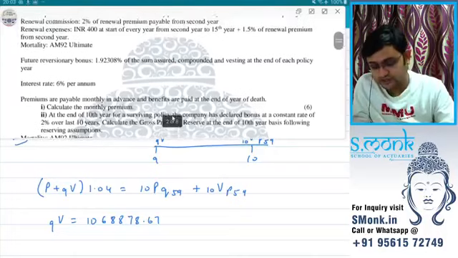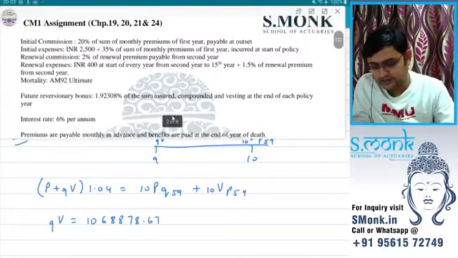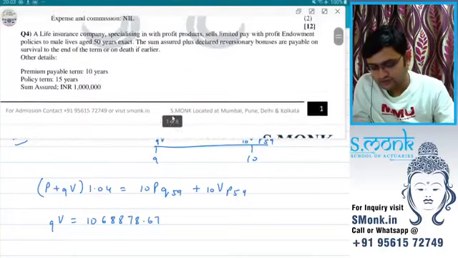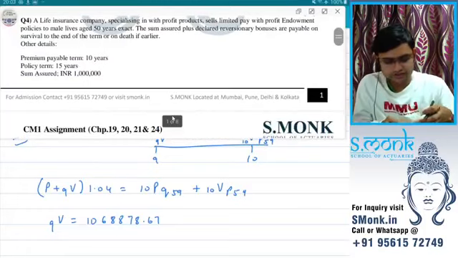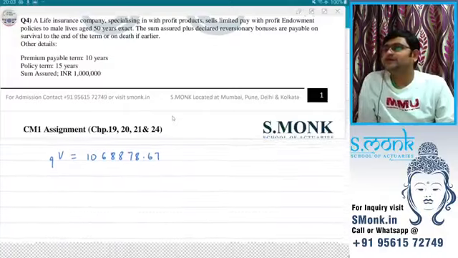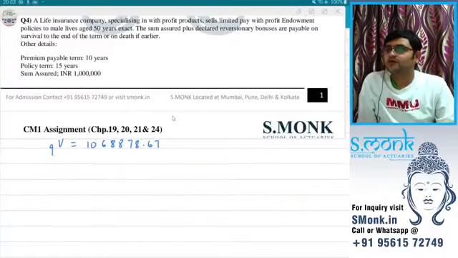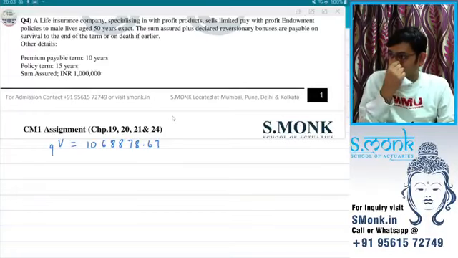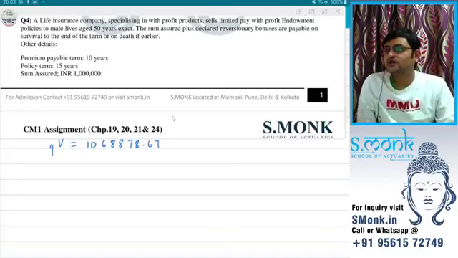I will just make the equation and take the question directly from the solution. A life insurance company specializing in with-profit products sells a limited pay with-profit endowment policy to a male life aged 50 exact. The sum assured plus declared reversionary bonuses are payable on survival to the end of the term or on death if earlier.